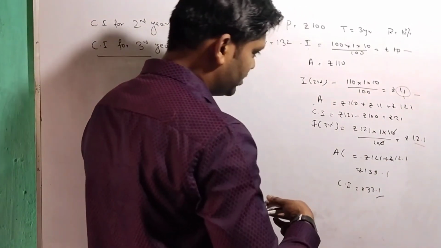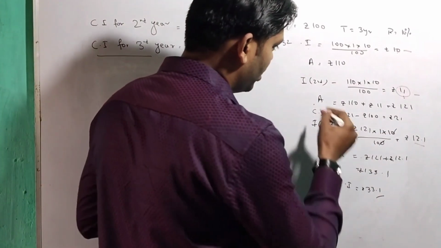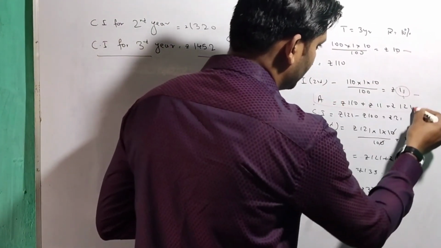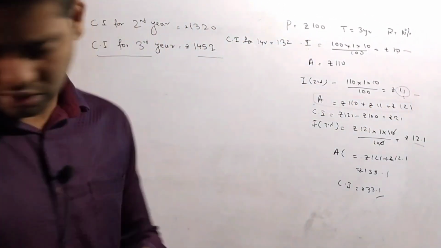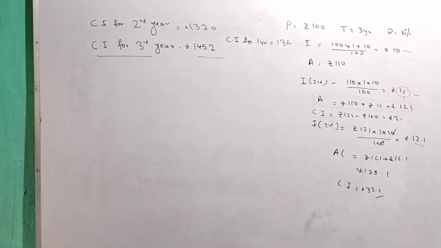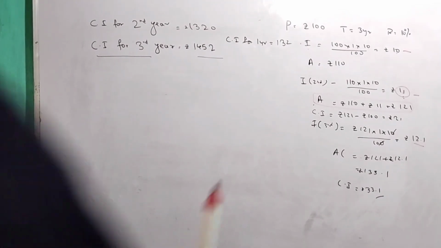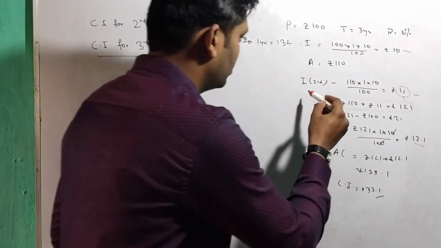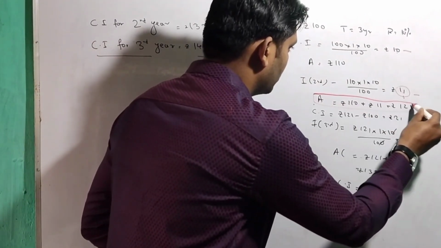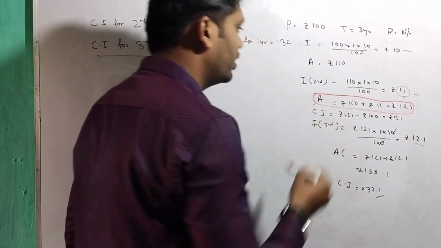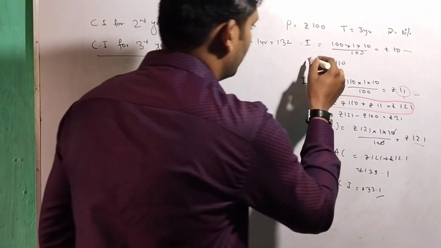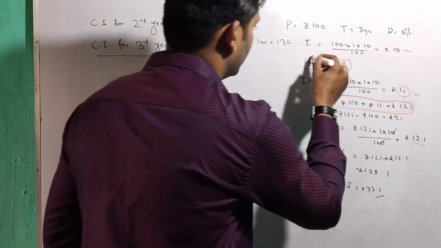So this is the way. If you see the amount for the second year, this one, 121, for the second year, and this is the amount for the first year.